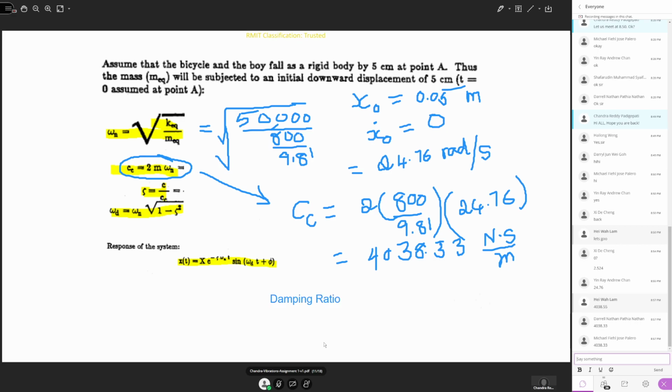We can write damping ratio eta is equal to C over Cc, damping constant over critical damping constant. So we have the critical damping constant and also the damping constant is given as 1000.